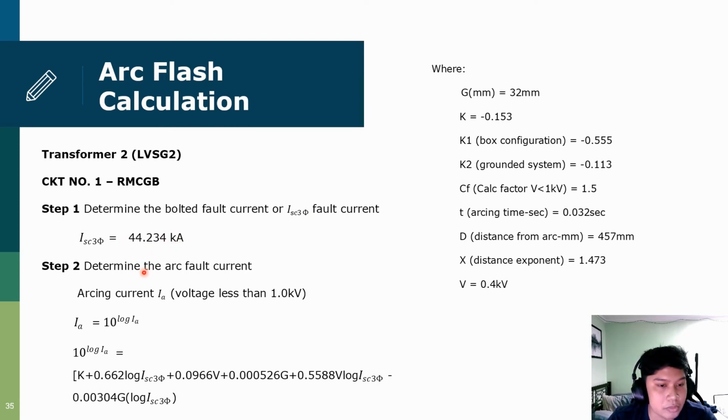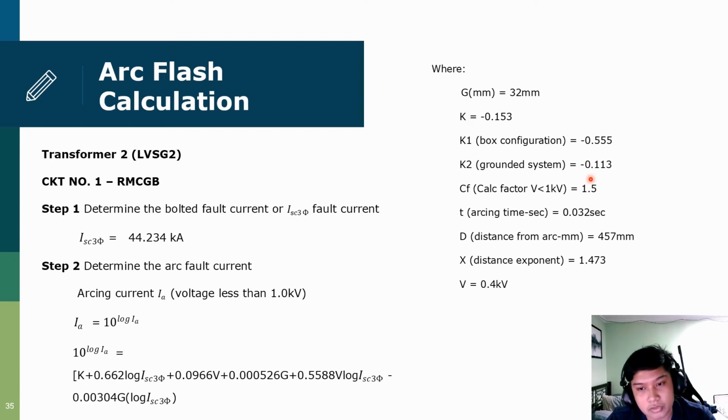In the next step, we determine the arc fault current or arcing current. This is the formula to be used, and this one is the variables. G is 32 millimeter. K equals negative 0.153. K1 is negative 0.555. K2 is negative 0.113.